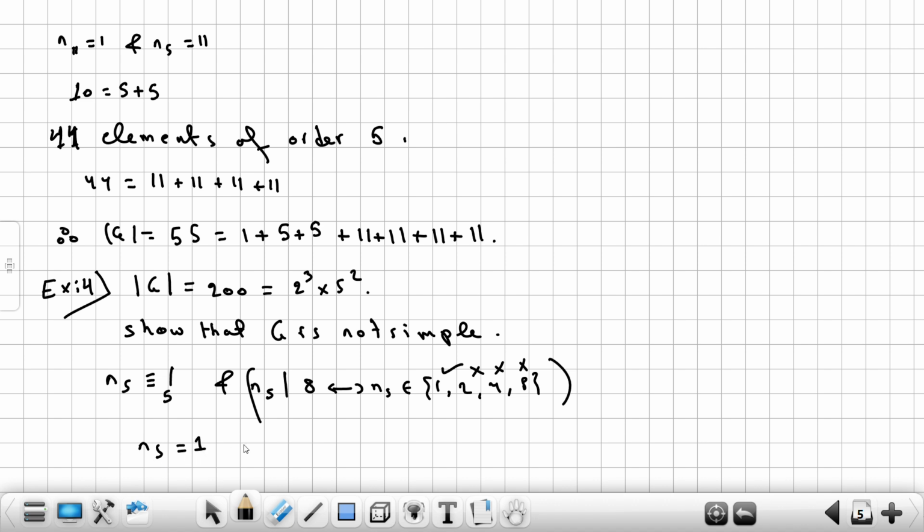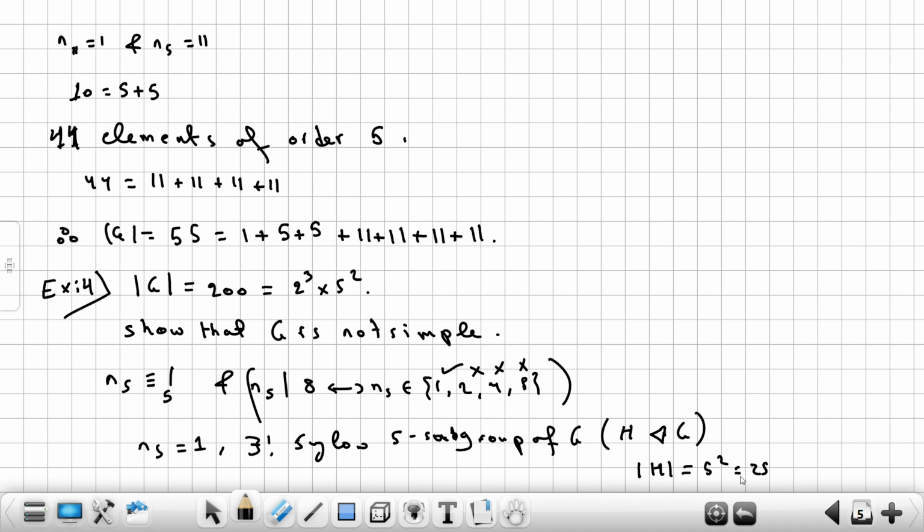So this is a simple exercise, and n5 is equal to 1, and so there exists a unique Sylow 5 subgroup of G, which is therefore normal. Name it H. H is normal in G, and H is a non-trivial subgroup. The order of H is equal to 5 power 2, which is 25.